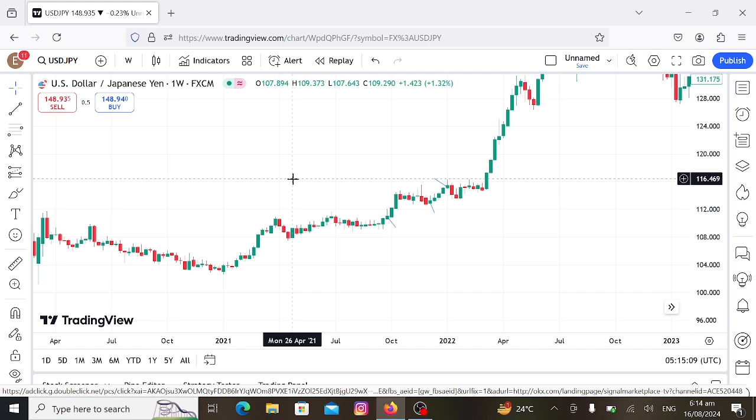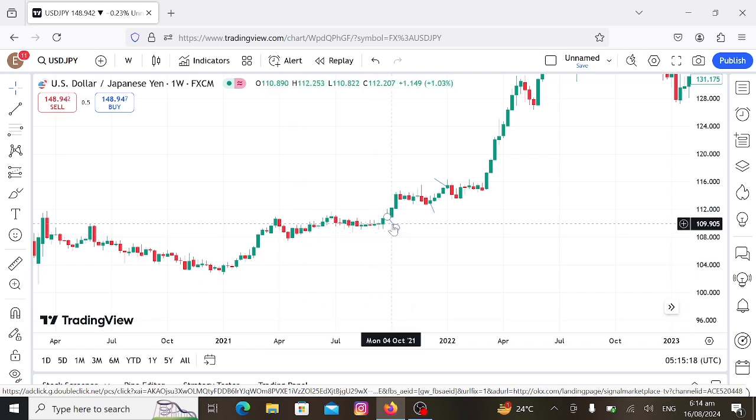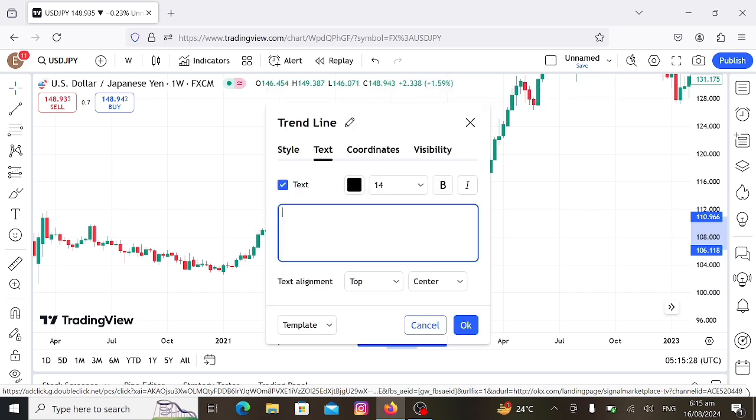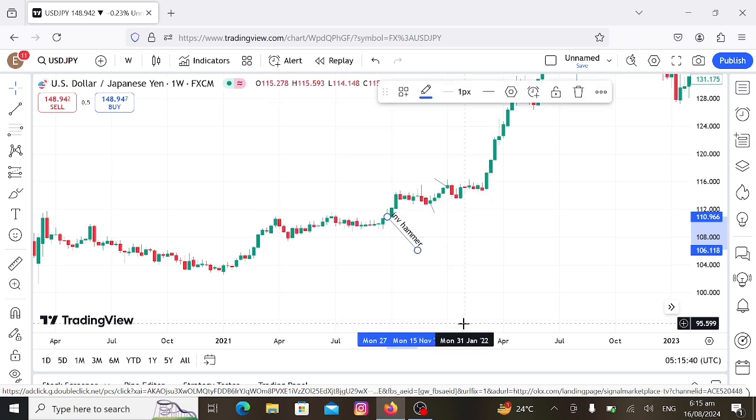Don't look at a 15 minute time frame. It's more valid and stronger on a higher time frame. This is an inverse hammer. This is how it looks like.